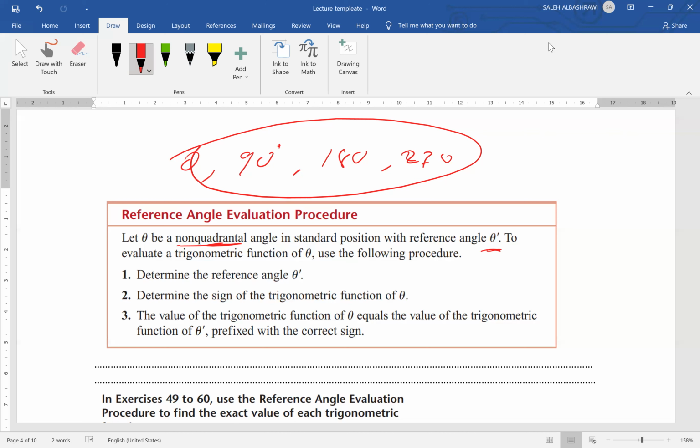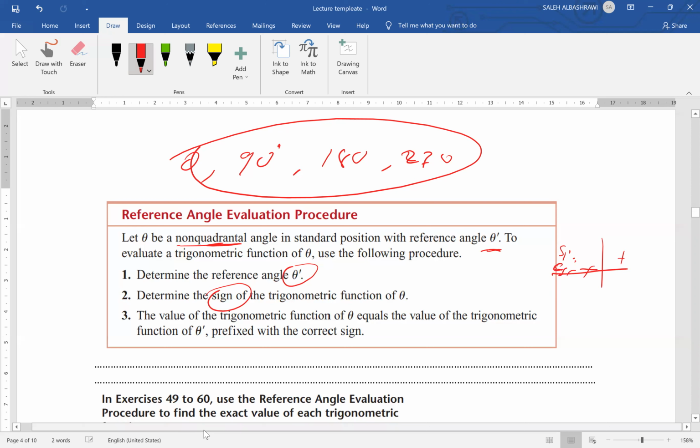To evaluate a trigonometric function of theta, we use the following procedure. First step, we need to find the reference angle. Second step, we need to determine the sign of the trigonometric function of theta, because we know that we have different signs. If it is in the first quadrant, all of them are positive. If it is in the second, then sine and cosecant are positive.